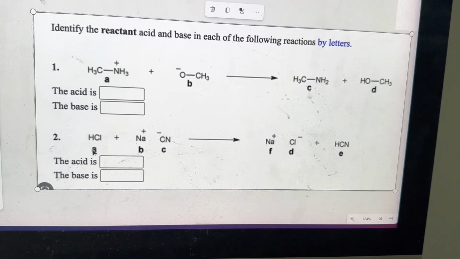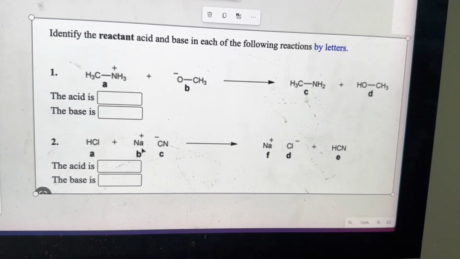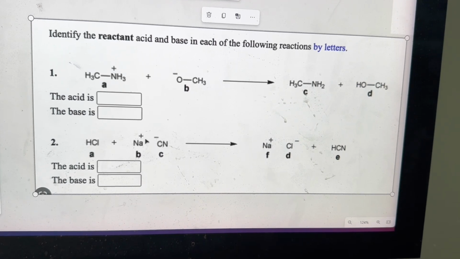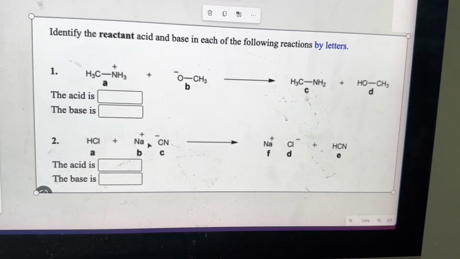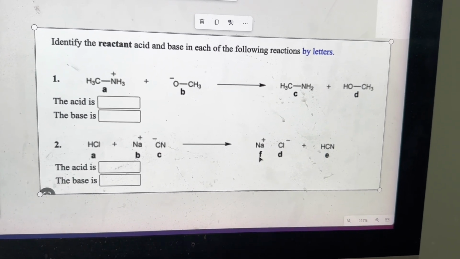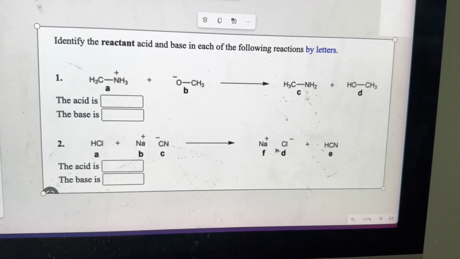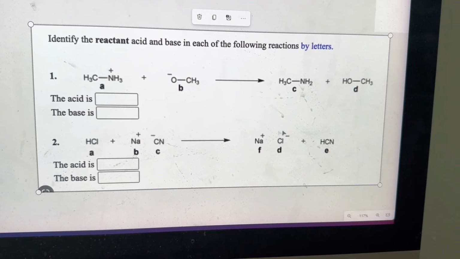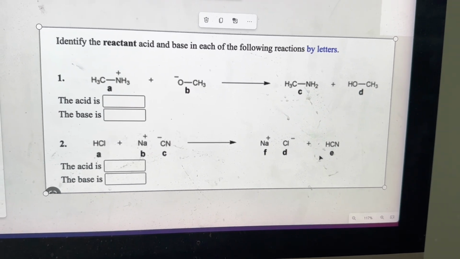We've got HCl plus sodium cyanide, Na plus and CN minus. So these are ions that are stuck together as an ionic salt. So we've got HCl, and we're told that it makes sodium chloride, Na plus and Cl minus, and HCN.